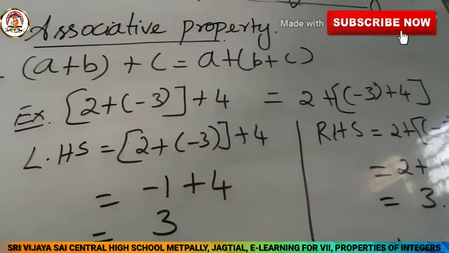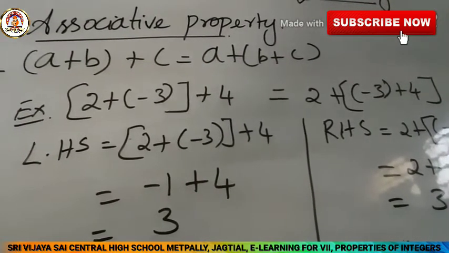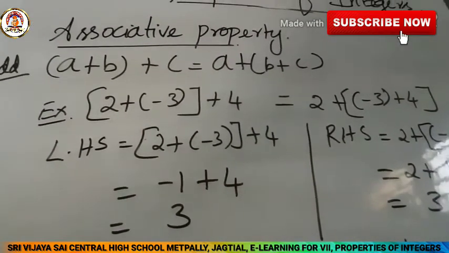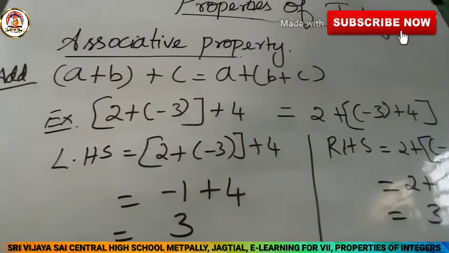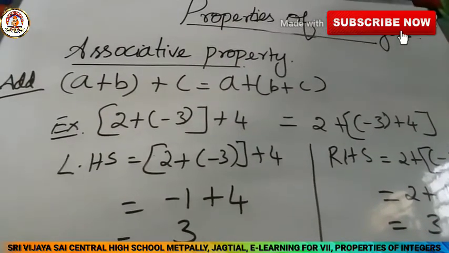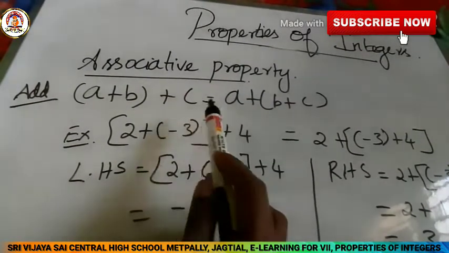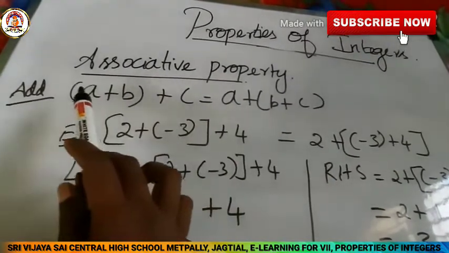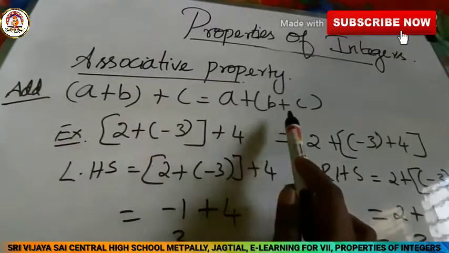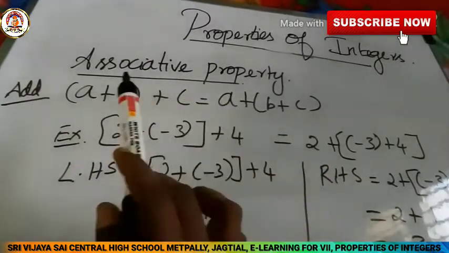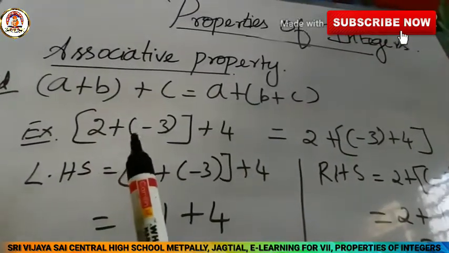Then the next one is the associative property. The associative property is a plus b, plus c, and then changing the bracket to the last two numbers, a plus the bracket of b plus c.